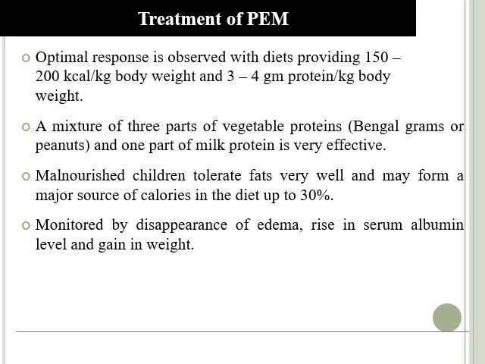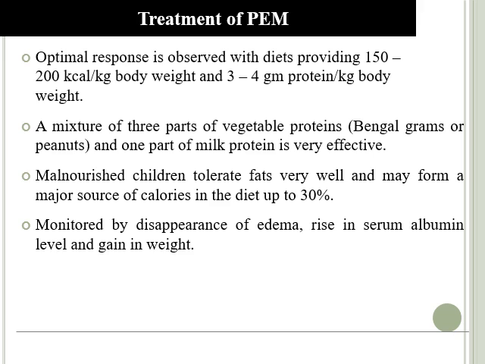A mixture of 3 parts vegetable protein, specifically Bengal gram and peanuts, and 1 part milk protein is very effective in PEM. Malnourished children tolerate fat very well, and it may form a major source of calories in the diet, up to 30%. So fat should also be supplied in PEM.